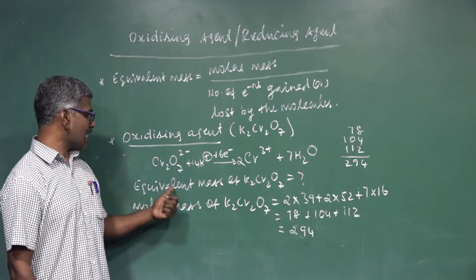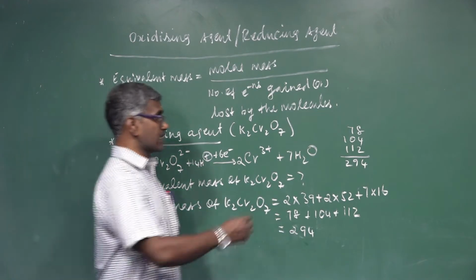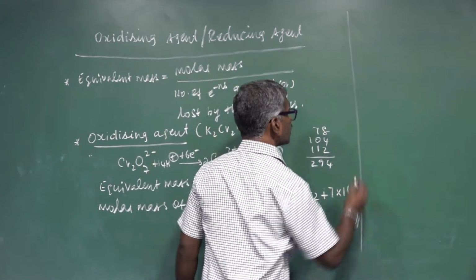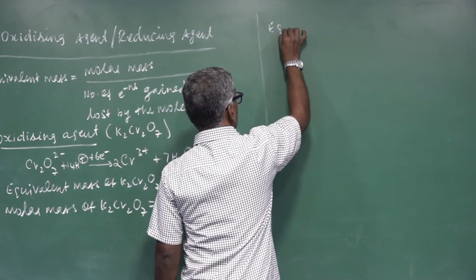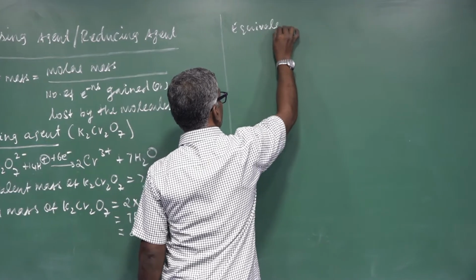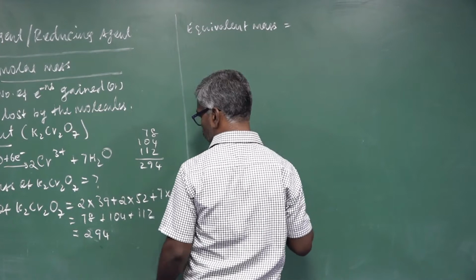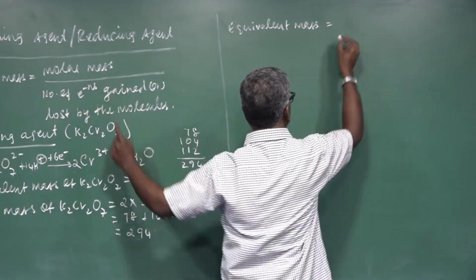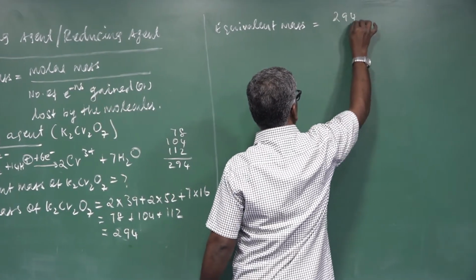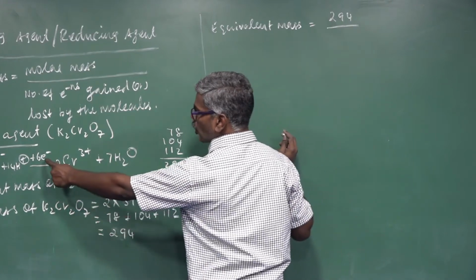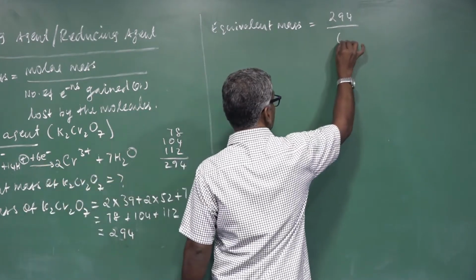Find out the equivalent mass of K2Cr2O7. Formula: molar mass 294, divided by the number of electrons. Here how many electrons gained? 6 electrons gained.